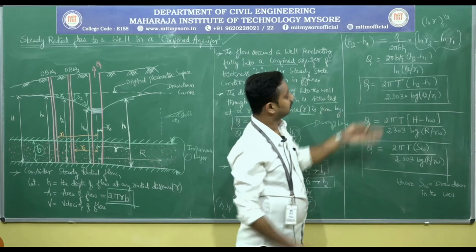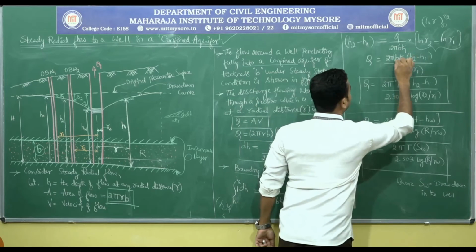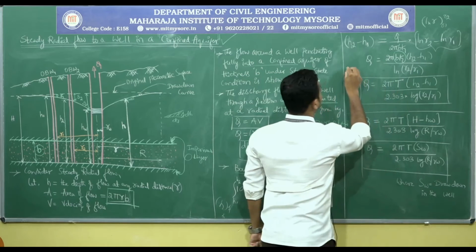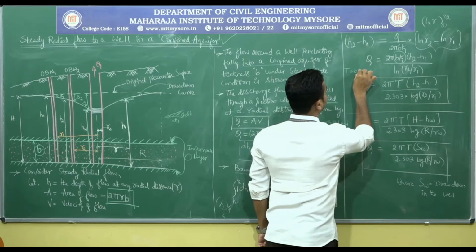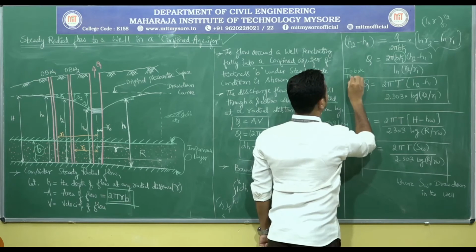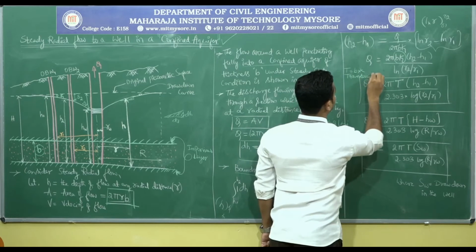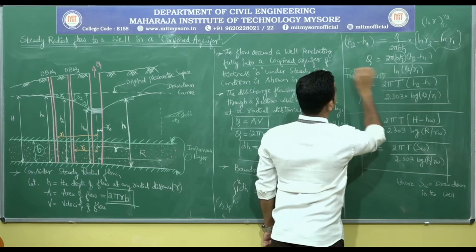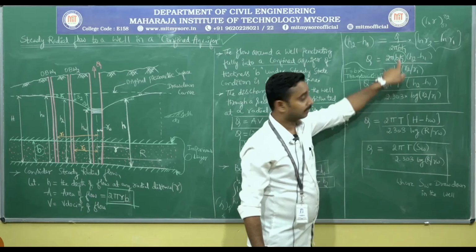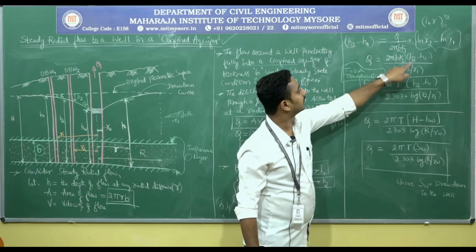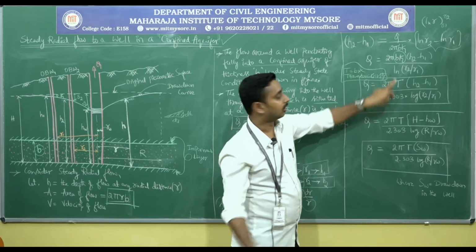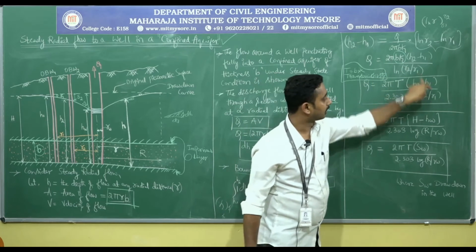Now, b into k is nothing but transmissivity T. Just replace bk by T: Q equals 2 pi T into h2 minus h1 divided by ln, converted into log, 2.303 log of r2 by r1.